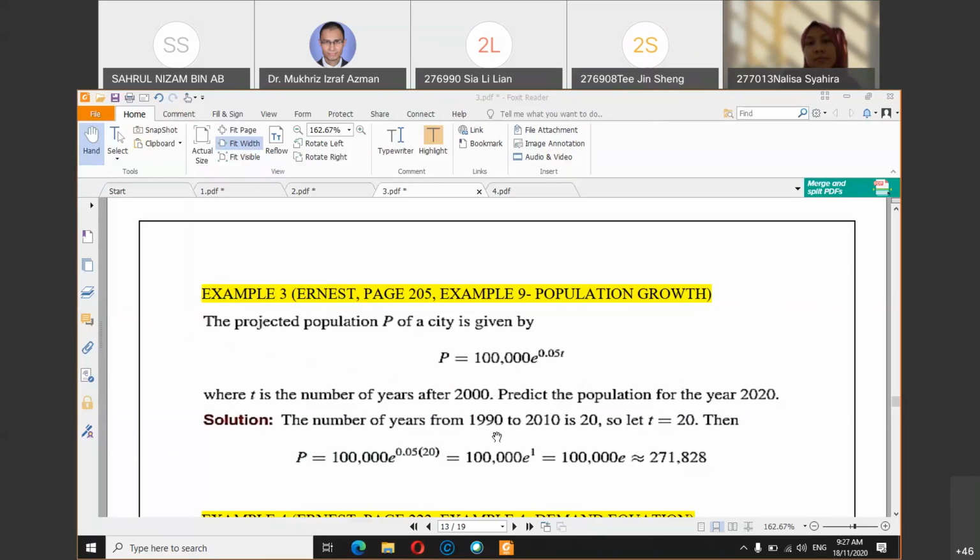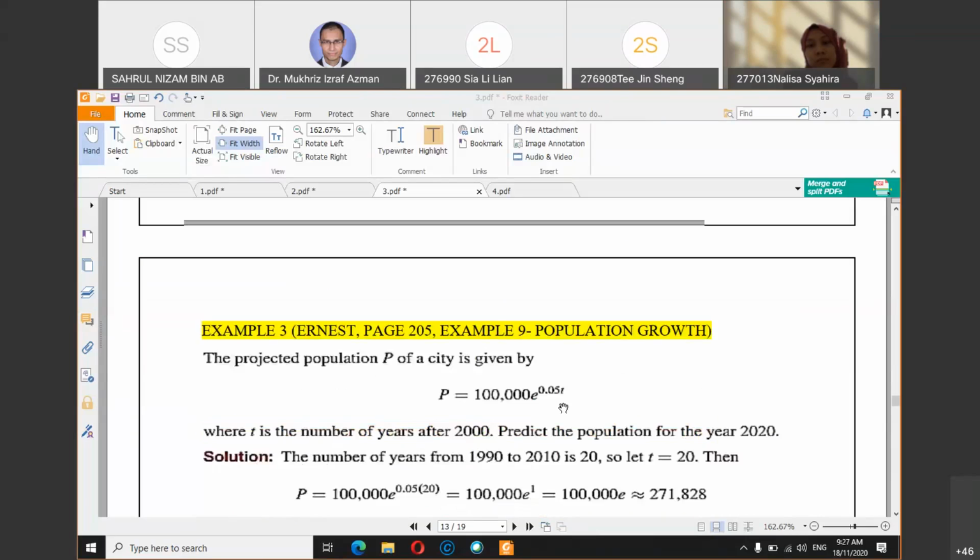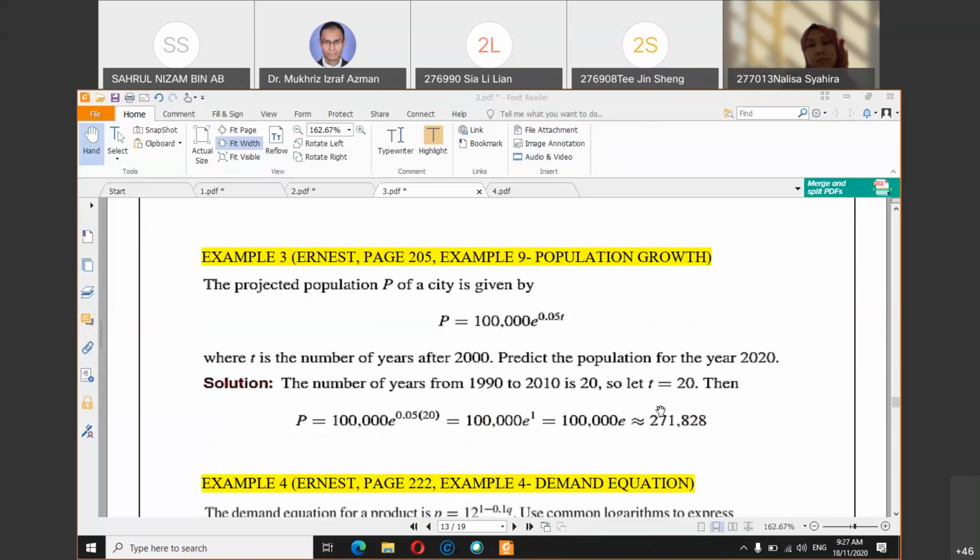So please be mindful whenever you copy and paste. If it is a clear typo error, I would prefer that you type it and correct the example, because the solution is still the same as the previous one, using the continuous growth formula.